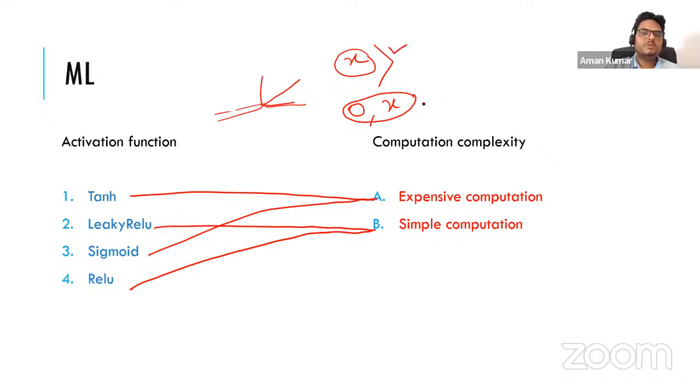Sorry, this is Leaky ReLU, this is ReLU. So the computation is simple, not complex. But in your sigmoid function, the e comes into the picture, the exponential function, which makes your computation complex. Okay. So that way you can think through that.